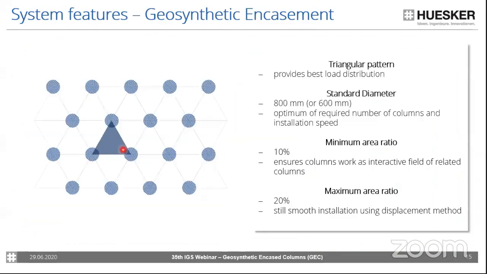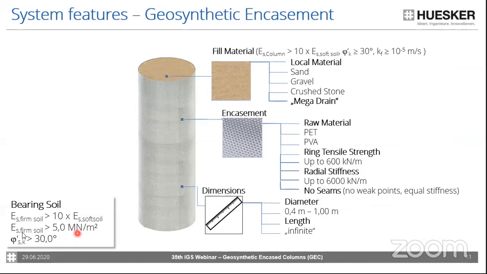I think it needs a stiffness modulus higher than 5 megapascal, 10 times higher than the soft soil, and a friction angle higher than 30 degrees. Then this is a bearing layer, and we don't consider this in the vertical design.